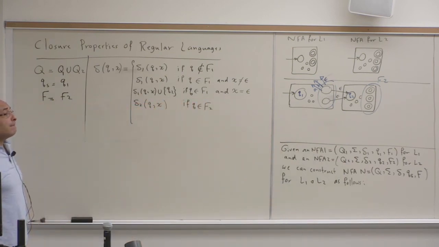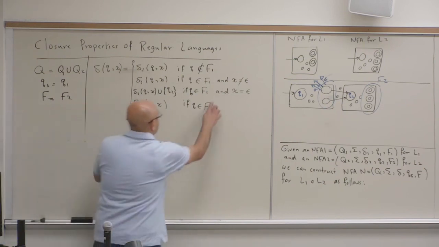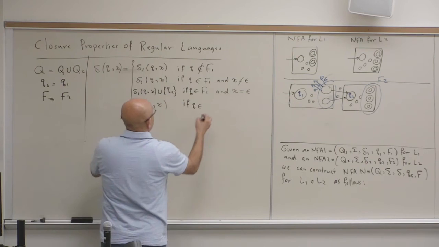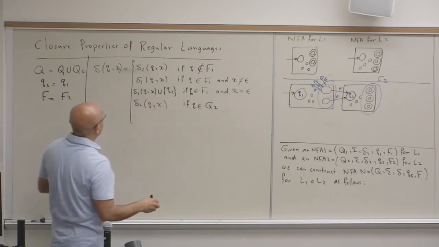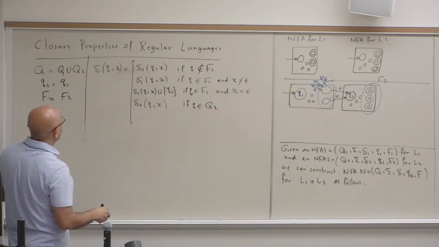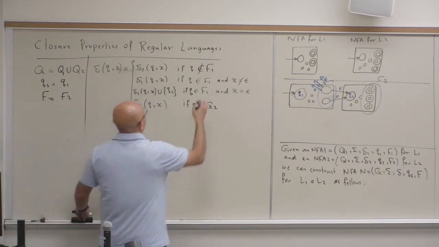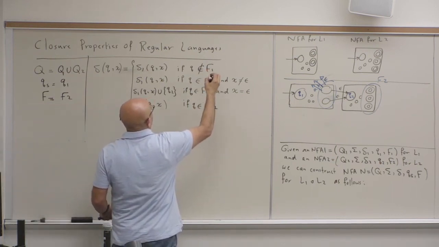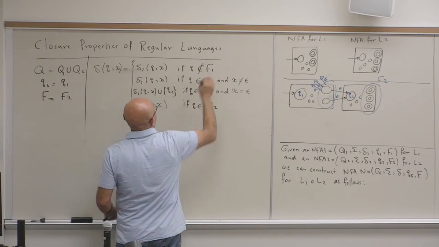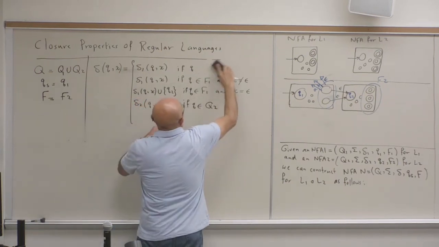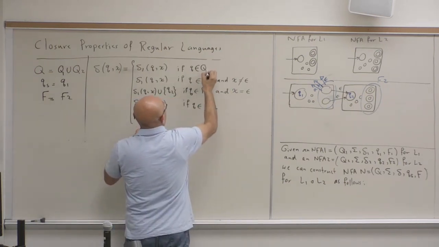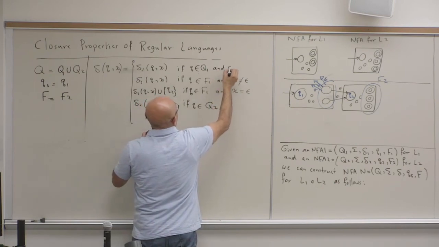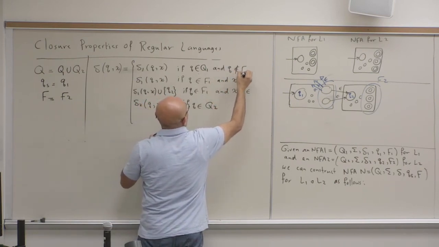Yes? Is that F2, should that be a Q2? The transition function, should that be if Q belongs to Q2? Yes, you are right. That's Q2. In fact, this should be Q belongs to Q1 and does not belong to F1.